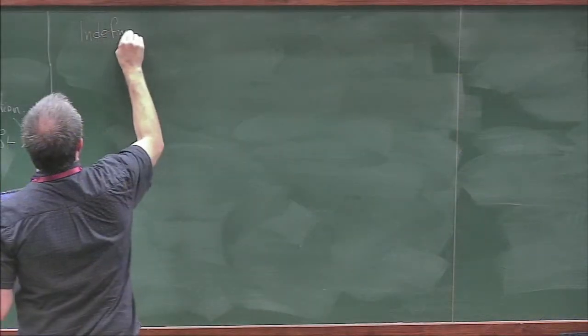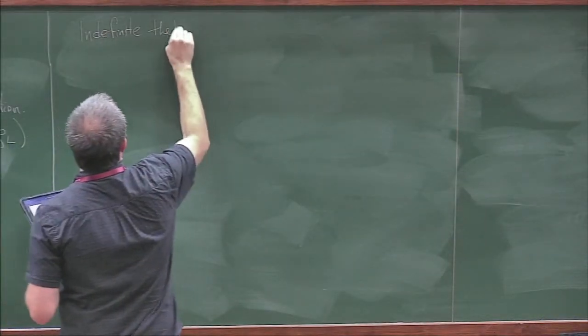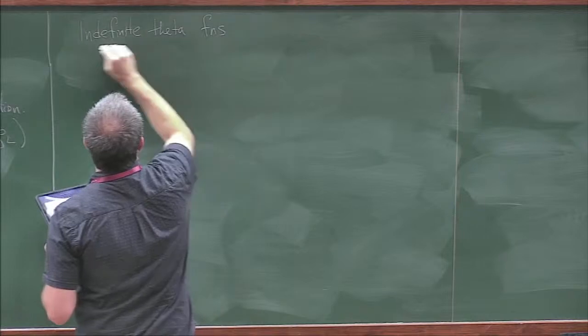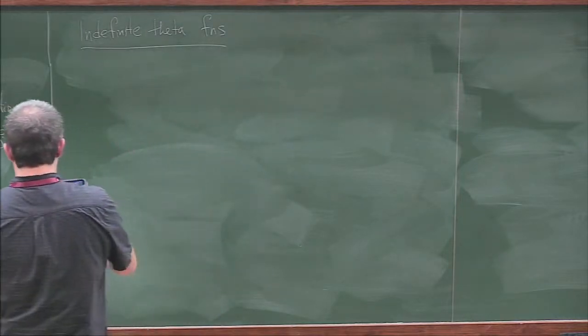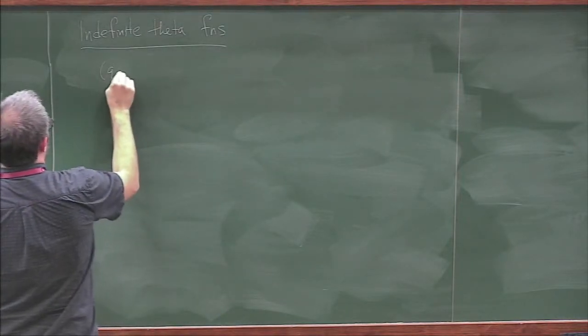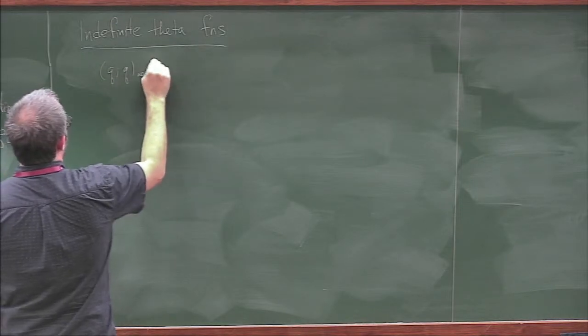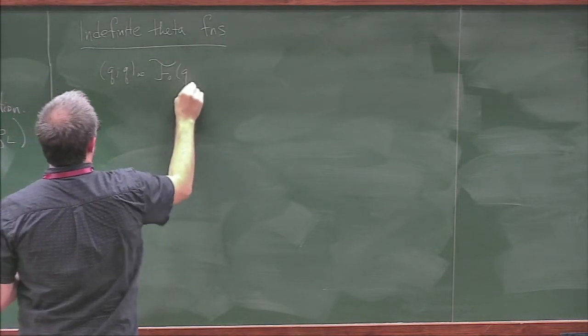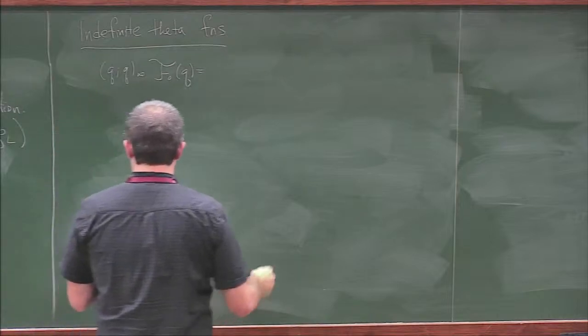Okay, so indefinite theta functions. All right, so I wrote down a formula last time. I'll rewrite it. Q-Pochhammer sub infinity f0 of q. This is one of our 7th order Mock theta functions.